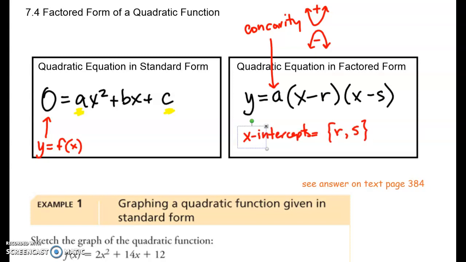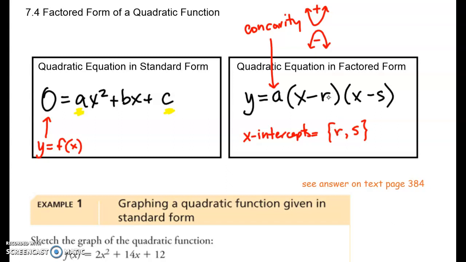Right away from looking at the factors, you can see the x-intercepts. You can see where it crosses the x-axis just from these factors, from the r and from the s. Notice that the x-intercepts are not the negative of the factors.